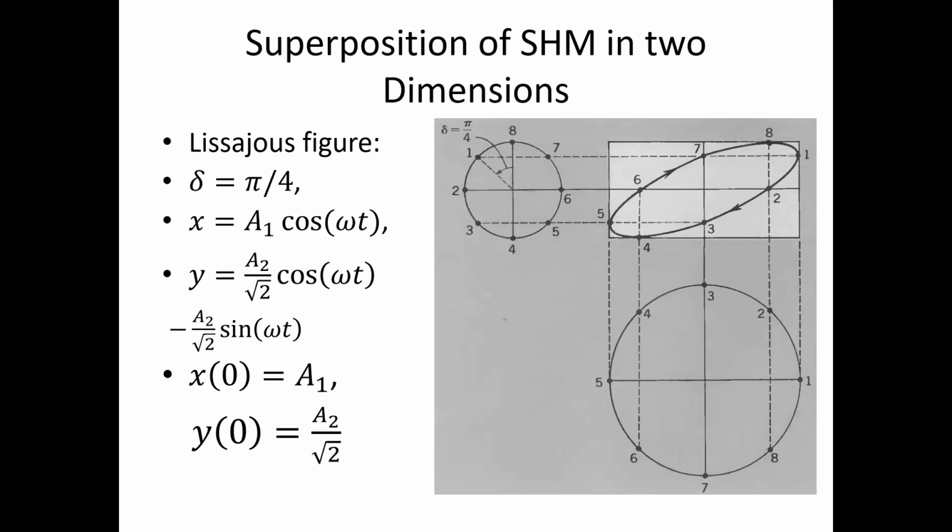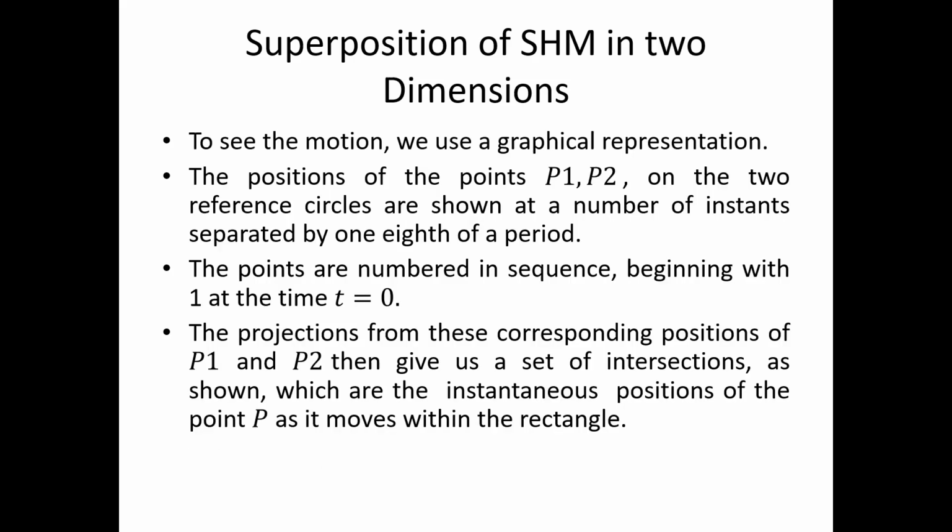where the first point 1 represents the position of the particle at time t equal to 0. We then have consecutive positions of the particle at points 2, 3, 4, 5, 6, 7, 8. We have 8 positions that we will trace out.